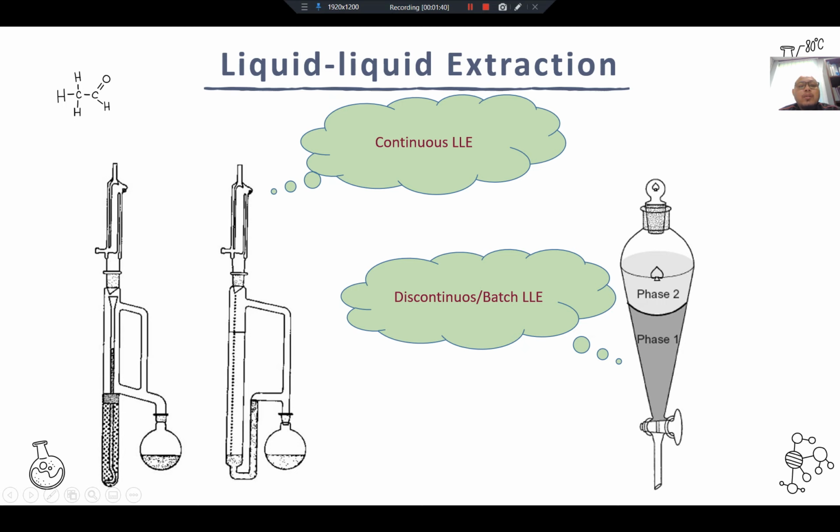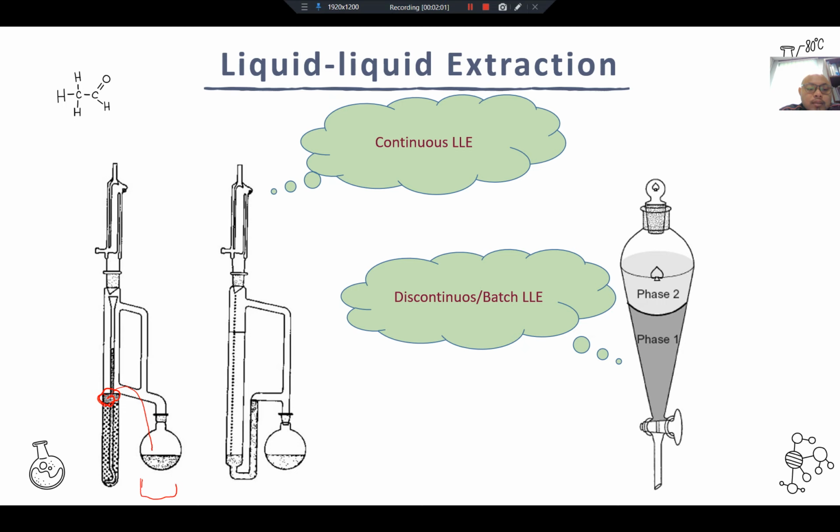Here, if you look at the continuous one, there are two kinds of systems. Let's say you want to extract at the top layer, so it will drip over here over time.